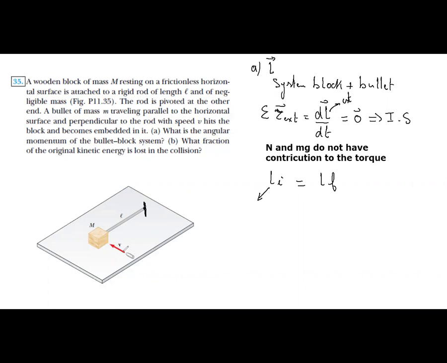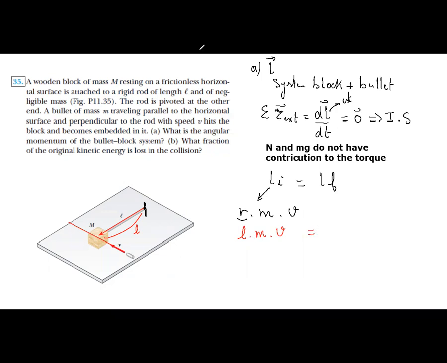In the case of linear translational motion, we can write the angular momentum as r m v. Here r is the distance from the axis to the line of the velocity of the bullet, which is equal to L. So L initial is L times m times v.